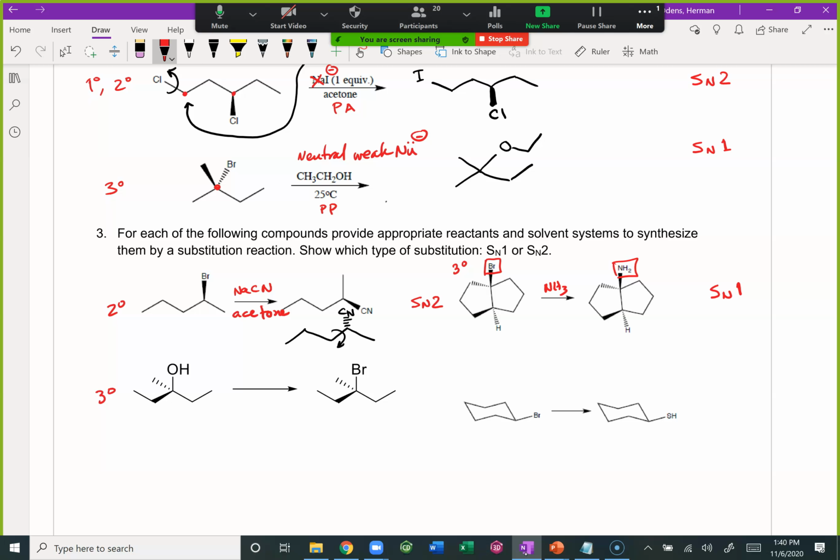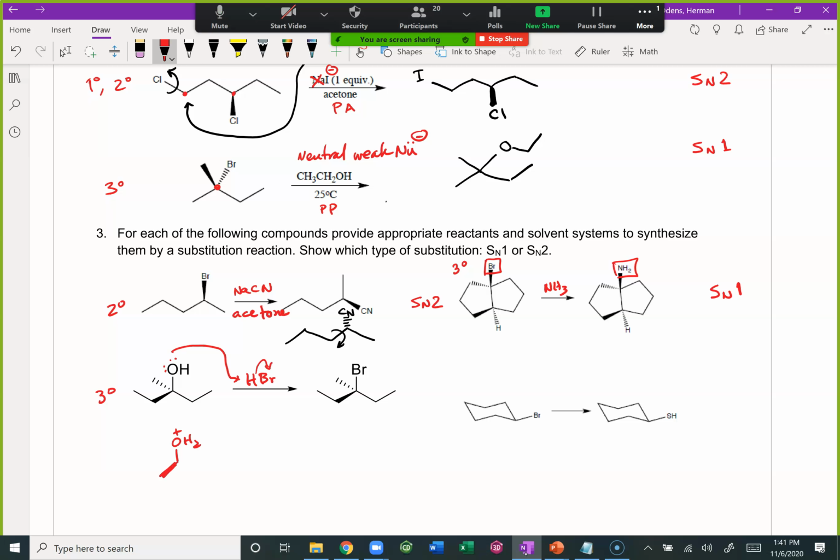We have to protonate it. Exactly right. So we're going to add a proton. And what else are we going to add? What if you mix an acid with sodium bromide? What do you make? Yeah, HBr. So you add hydrobromic acid. What this will do is this OH grabs this H, kicks off the bromine. Now you have water as a leaving group.